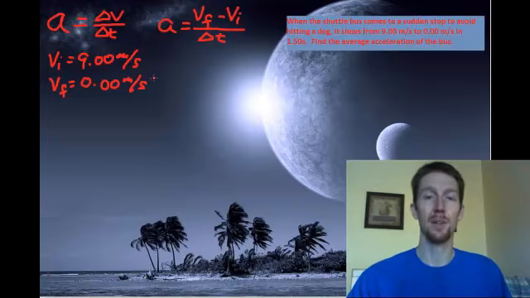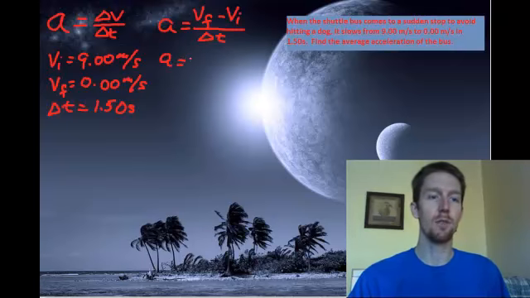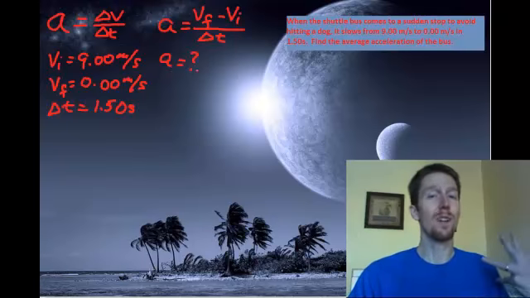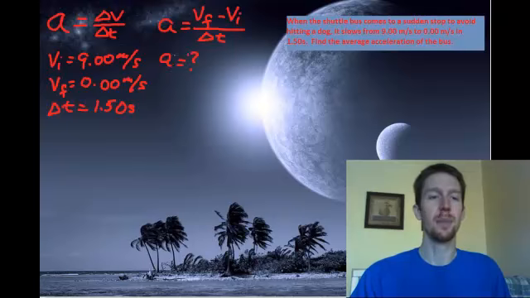And the amount of time it takes, this 1.5, is a duration of 1.50 seconds. Now, it is asking us to find the acceleration, so I'm going to say a equals question mark. Seems silly now, but one time in the future you might forget what you're solving for in a problem. Something as simple as this will help prevent that.